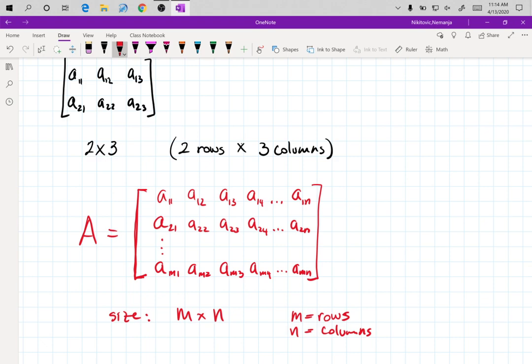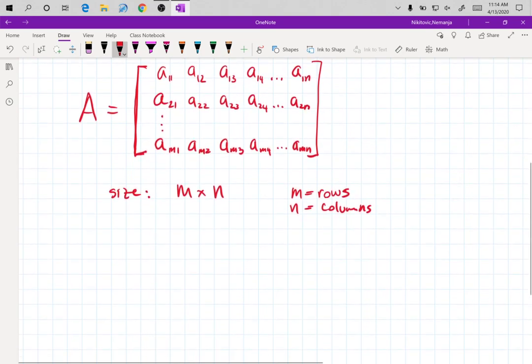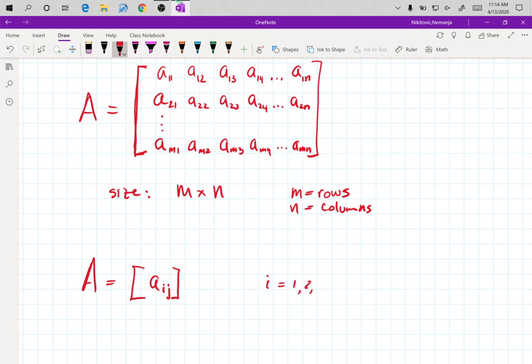When you take a look at all of these values, you see that you can simply represent the whole matrix by a single notation, and you can just say Aij. i is a counter 1, 2, 3, 4, ... and it can go all the way to m. And then j is a counter 1, 2, 3, 4, ... all the way to n.